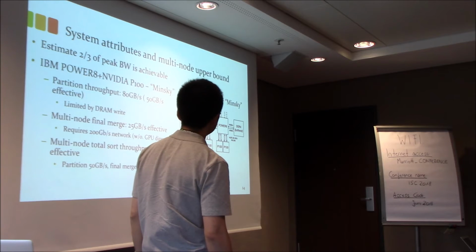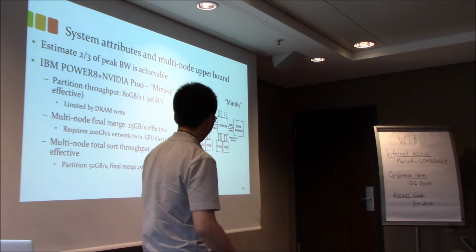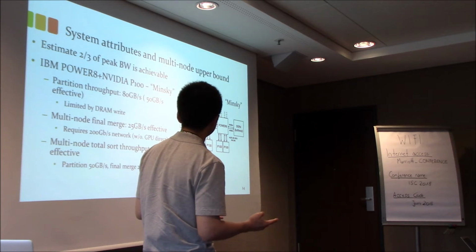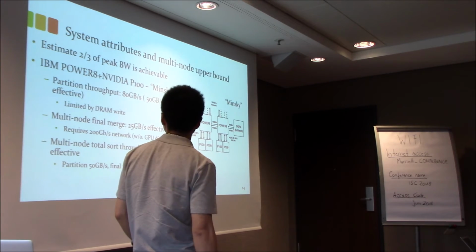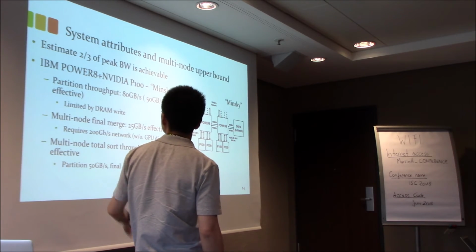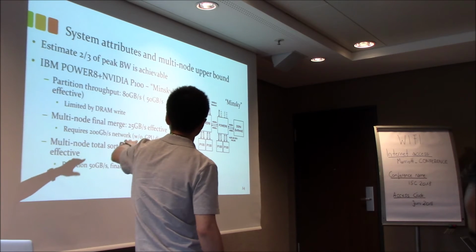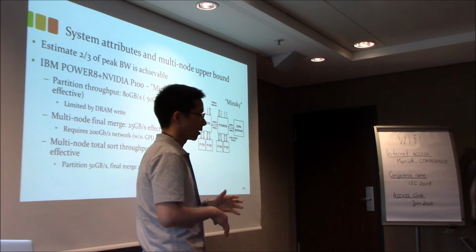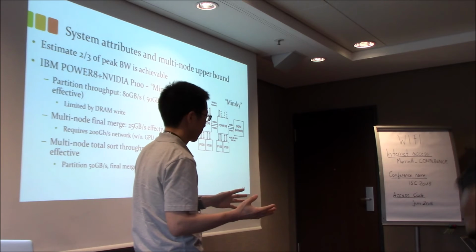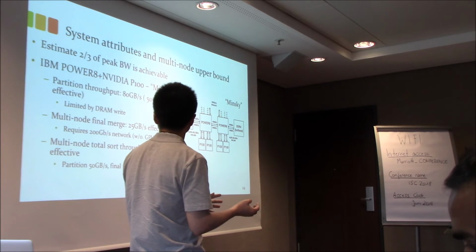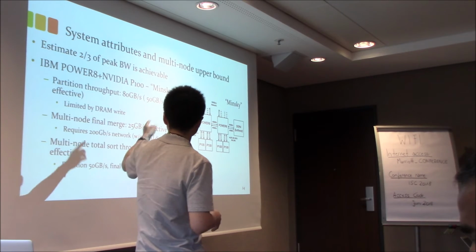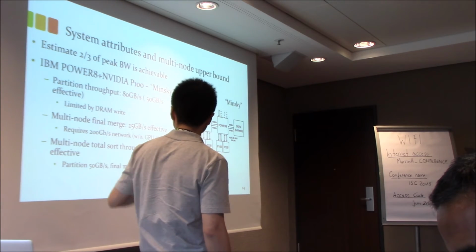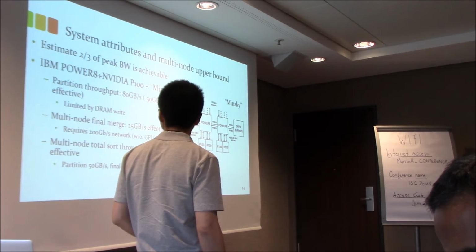So let's do an upper-bound estimate again for multi-node. For the partitioner, it's the same. The difference is in the final stage, because we are using two times the memory access, so the upper-bound estimate is halved to 25 gigabytes per second.